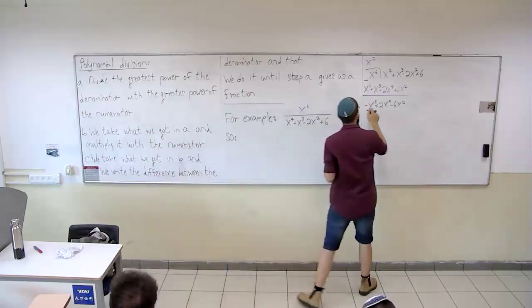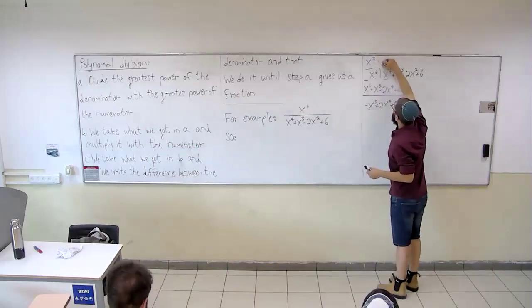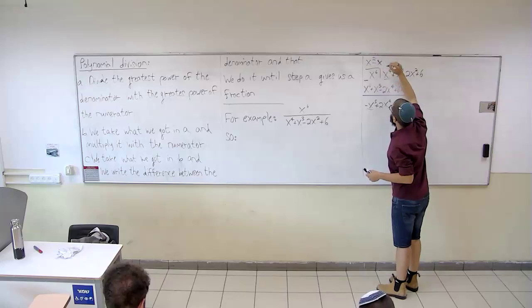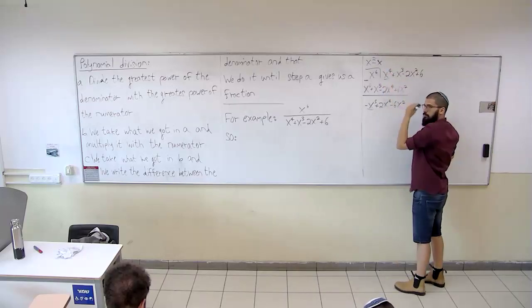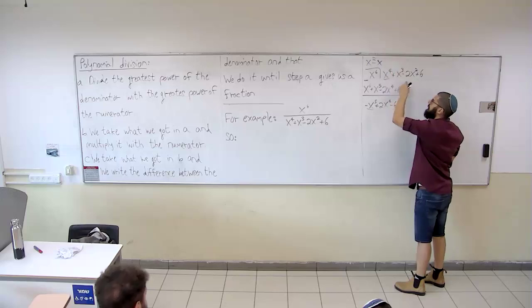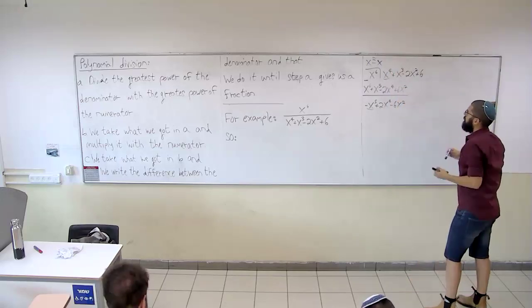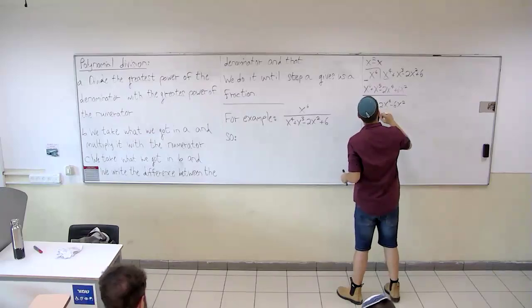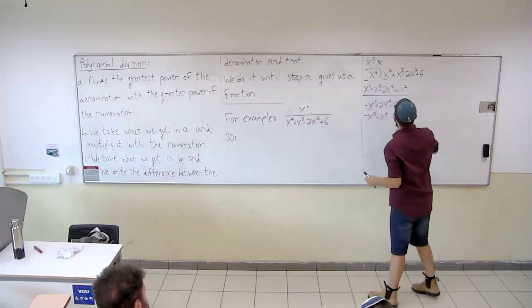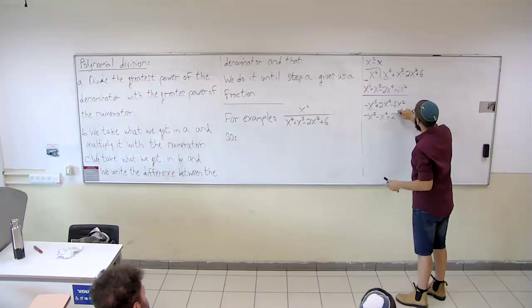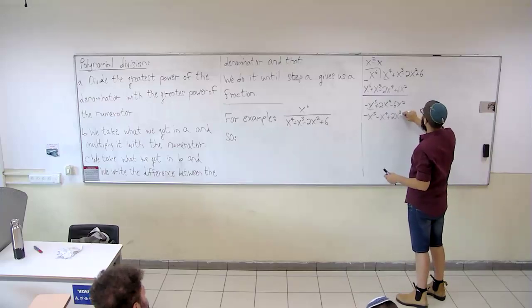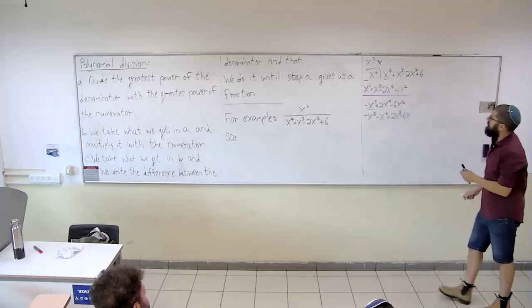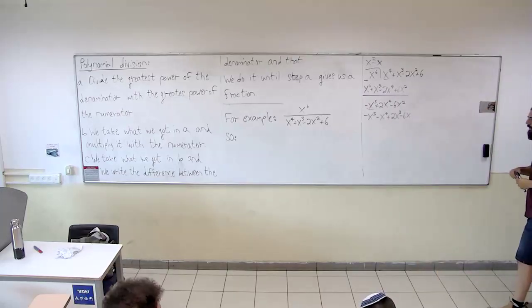X to the power of 5 over x to the power of 4 gives us x, which is minus x. Multiplying minus x by our polynomial, we get minus x to the power of 5, minus x to the power of 4, plus 2x to the power of 3, minus 6x. This is step B.